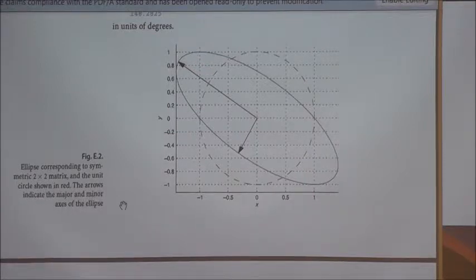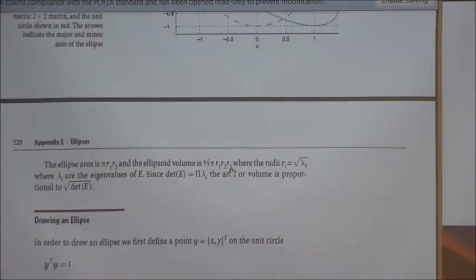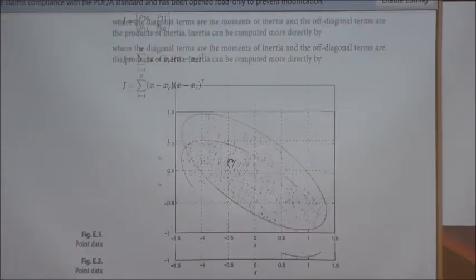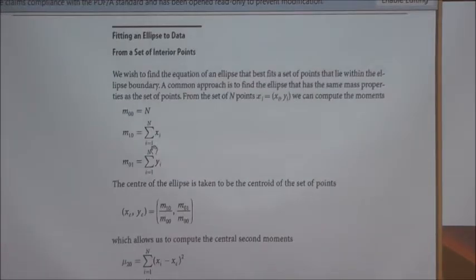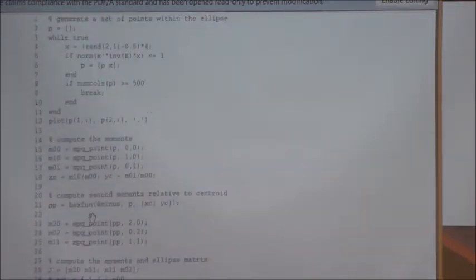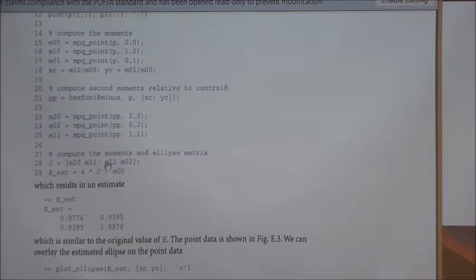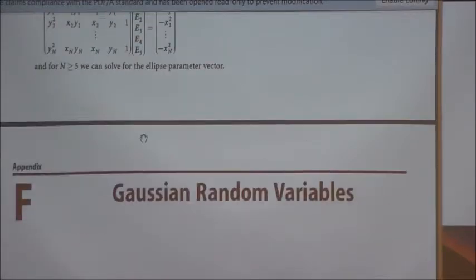The arrows indicate the major and minor axes of the ellipse. It's also possible that you are given a whole bunch of data points and asked to fit an ellipse around them. The code for that exercise is shown right here, in MATLAB. This is part of the toolbox.